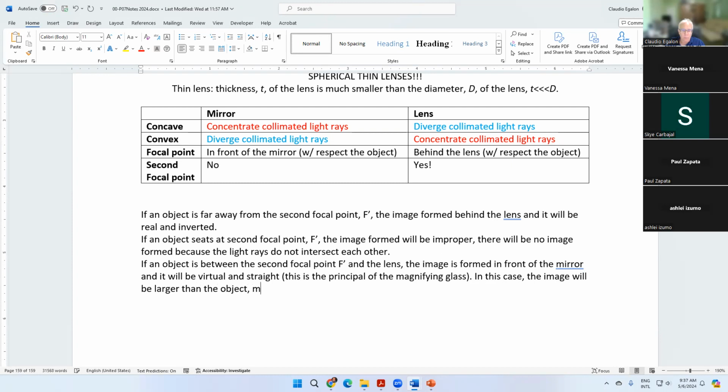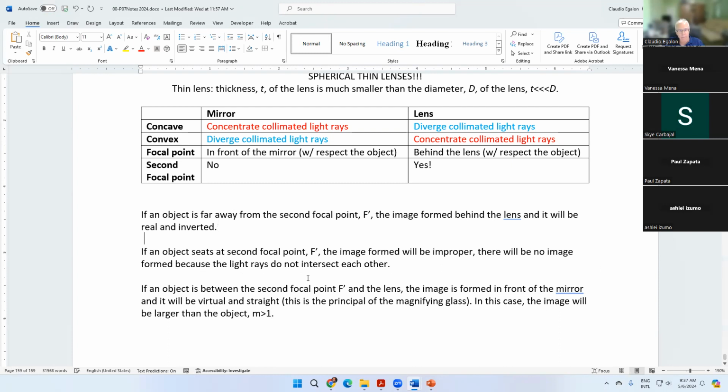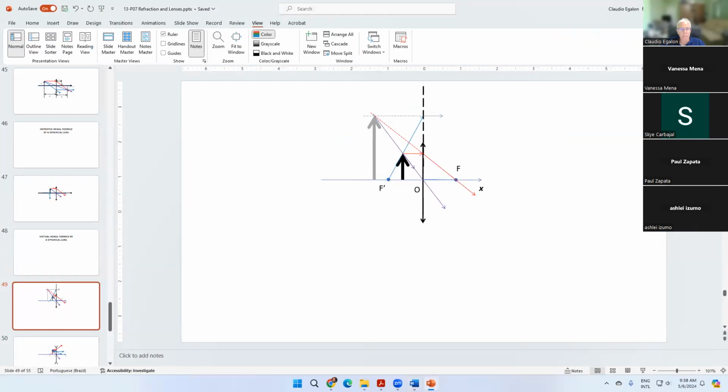In other words, magnification m will be greater than 1. Okay, that's for a positive lens.